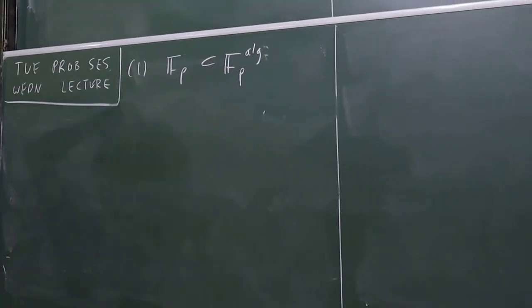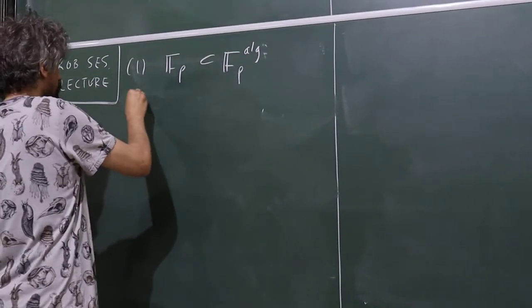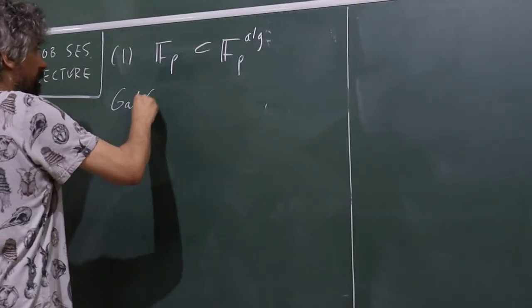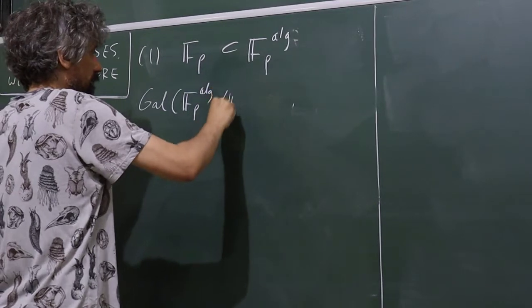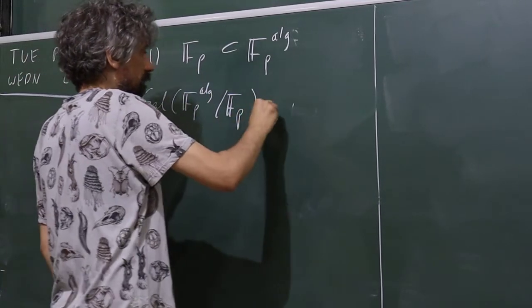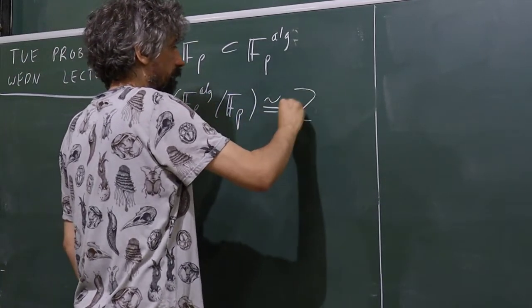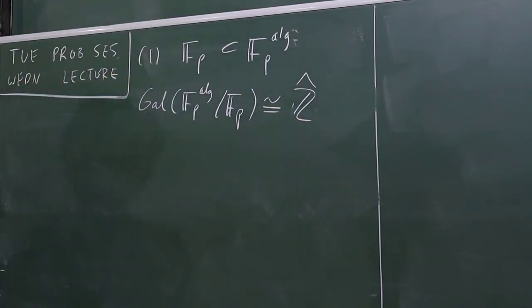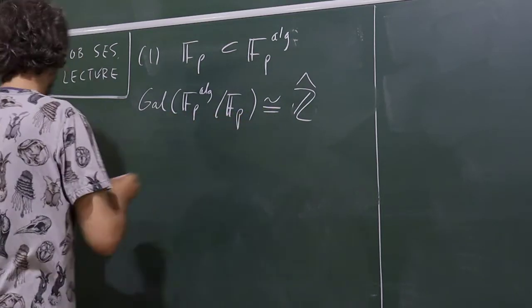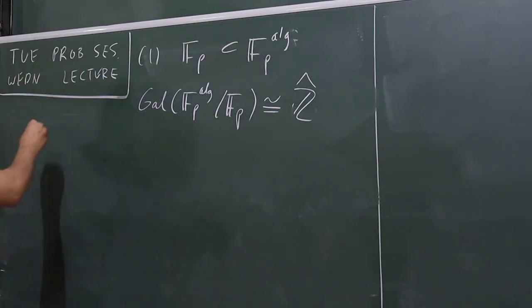Okay, so we know that this absolute Galois group is isomorphic to Z hat, this profinite completion, inverse limit of all cyclic finite groups. So we can understand it. Okay. So let's understand this isomorphism.